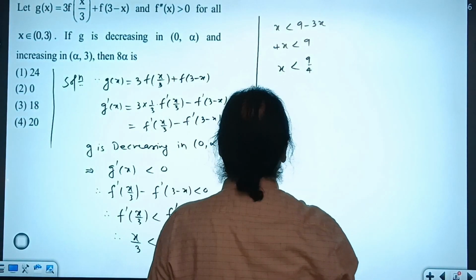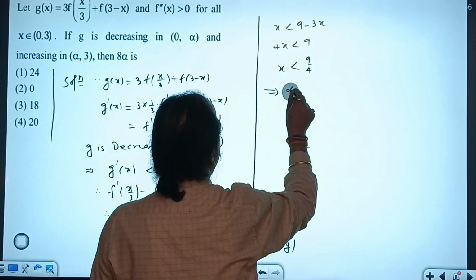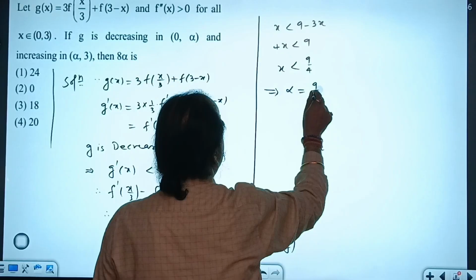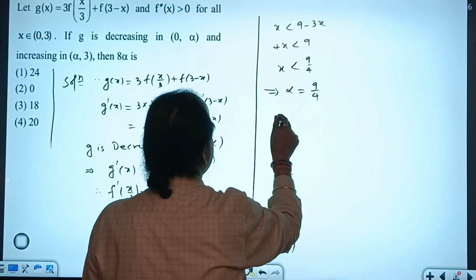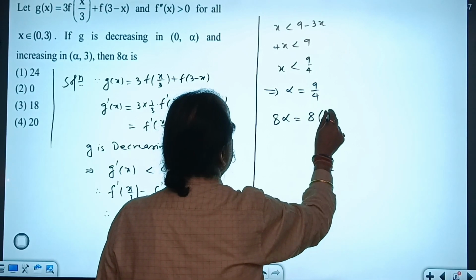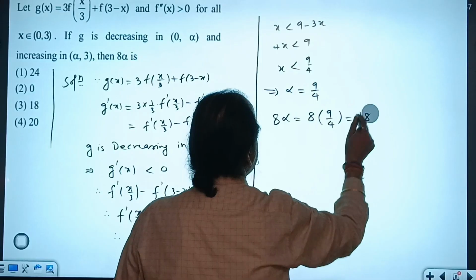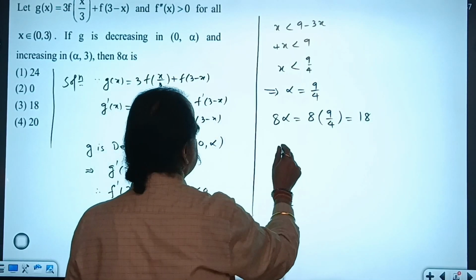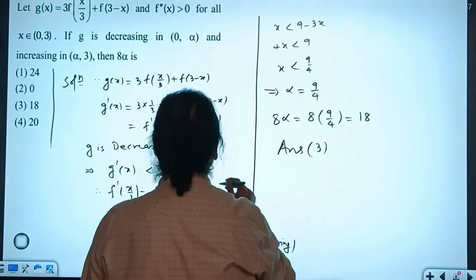So this implies alpha is what? 9 by 4. We want 8 alpha. 8 into 9 by 4, 18. Answer 3.